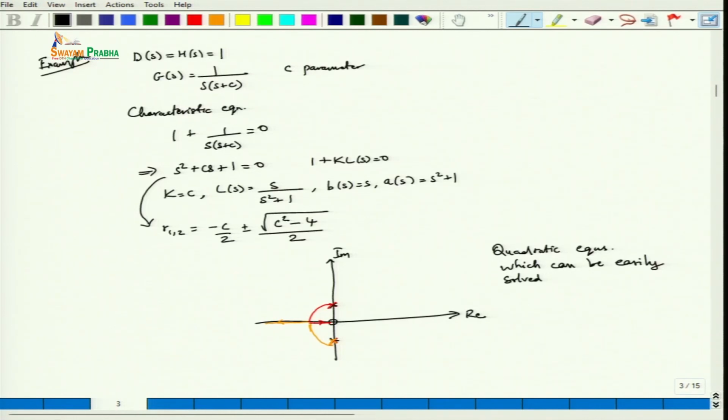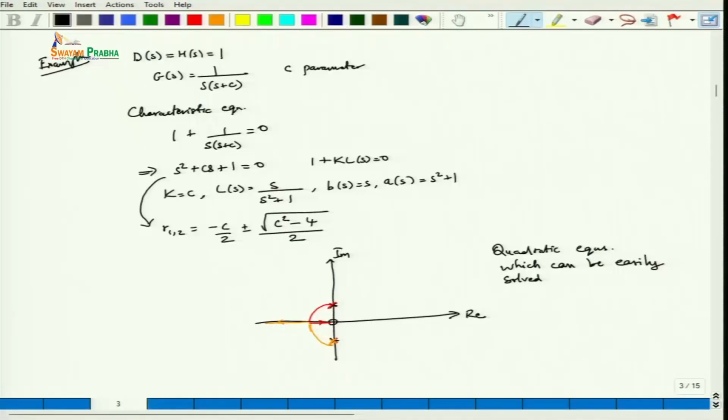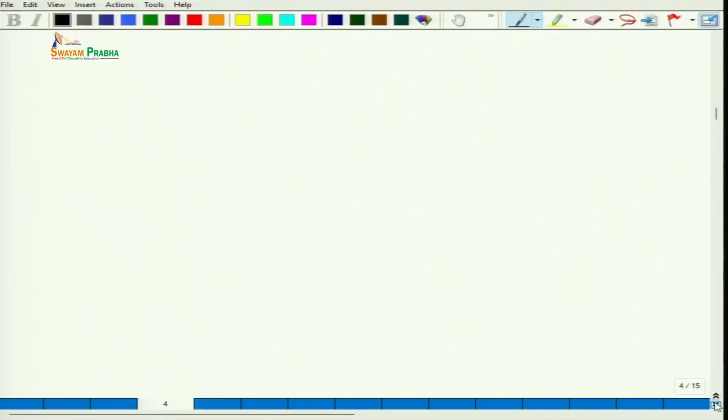We do not have a very perfect method so far if the degree of the polynomial increases, and so we need some guidelines to plot the root locus for general cases. Okay, so as I said, we need some guidelines to find the root locus.